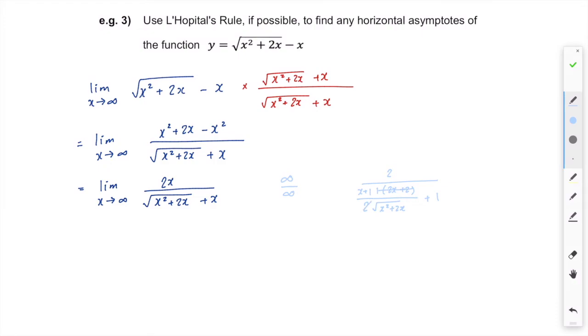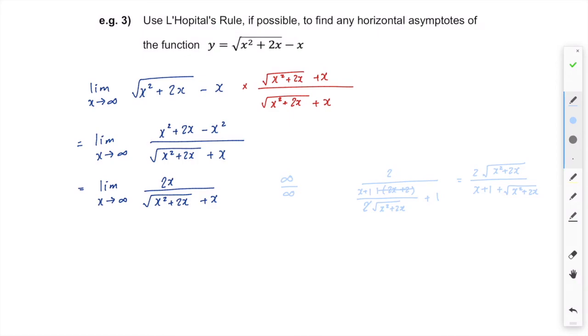And then I'm going to have that common denominator, 2 square root of x squared plus 2x, over x plus 1, plus 1 multiplied by this. It looks very complicated, right? And then maybe I can keep applying L'Hopital's rule if I need to, but that square root of x squared plus 2x will give me a lot of square root of x squared plus 2x as I take the derivative.